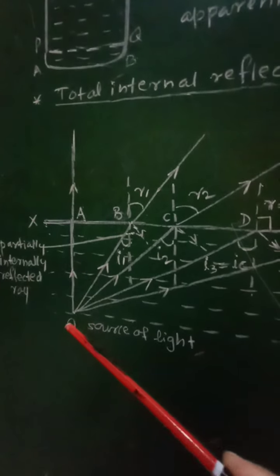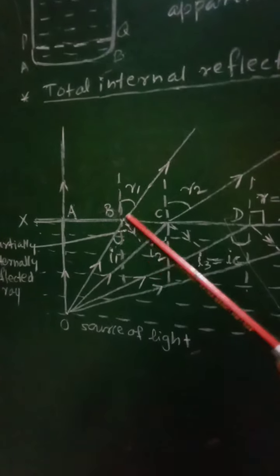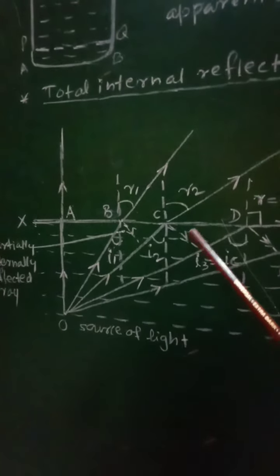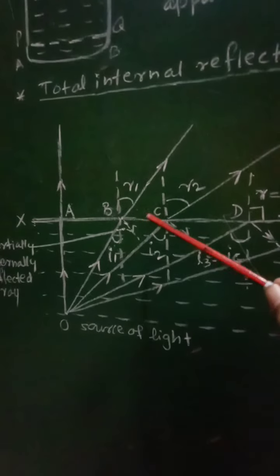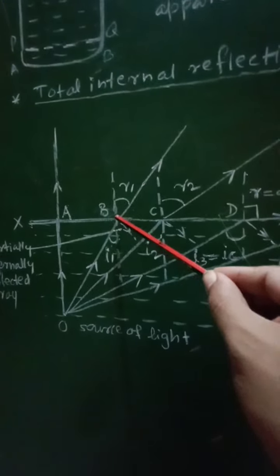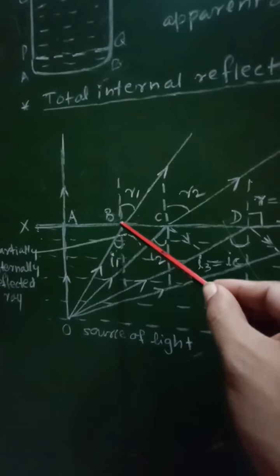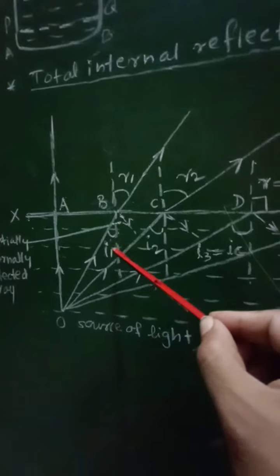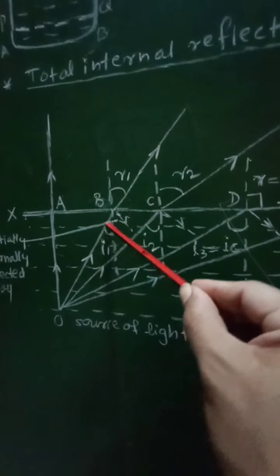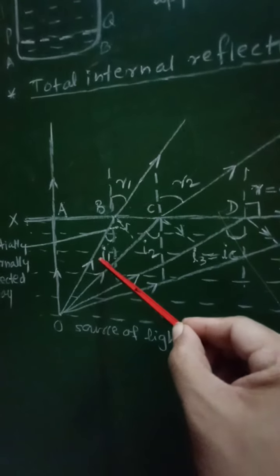Now let us consider the second ray of light, OB. OB is obliquely incident on this surface xy at point B, and this dotted line represents the normal at that point B. The angle between the incident ray and the normal is the angle of incidence I1.